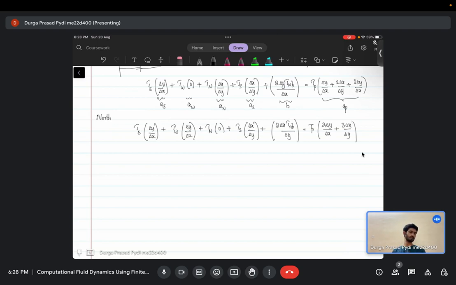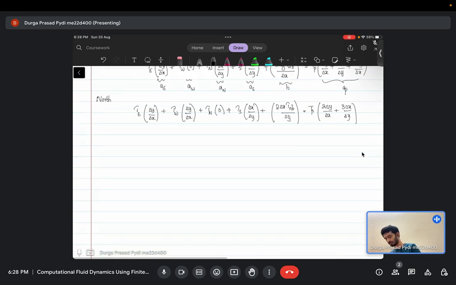Now I think it should be fairly straightforward. I can write the equations for other boundaries as well. So for the south boundary, again you have the east term, it will be delta y over delta x. The west term will also remain the same, delta y over delta x. The north term will also remain the same, so that is delta x over delta y.